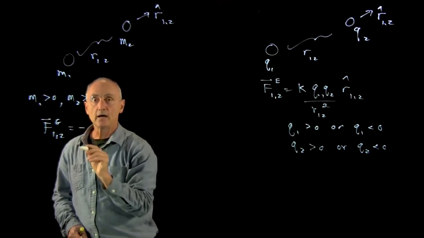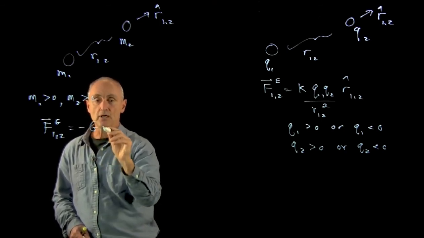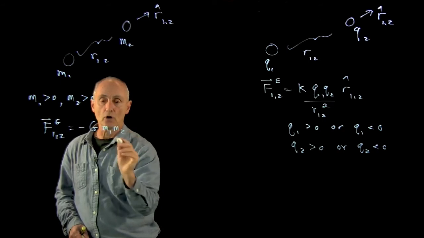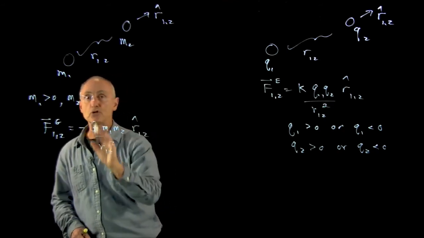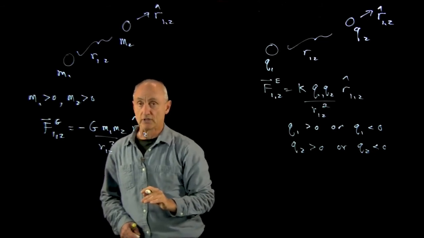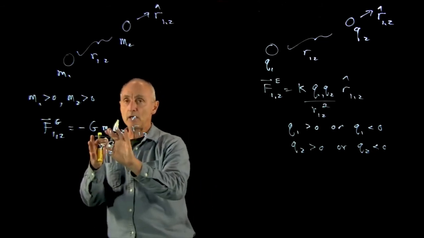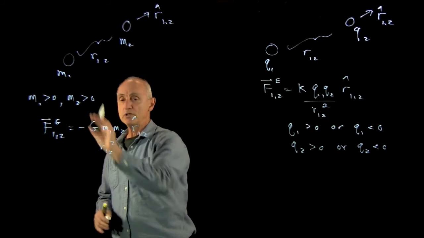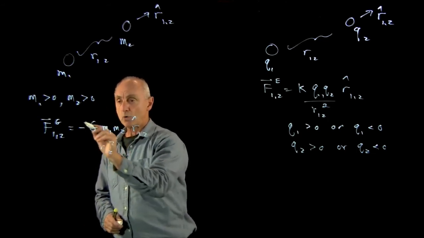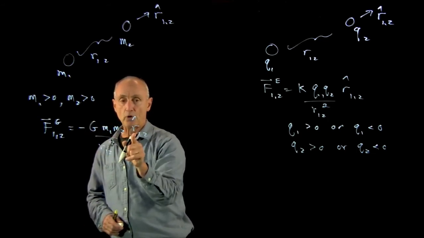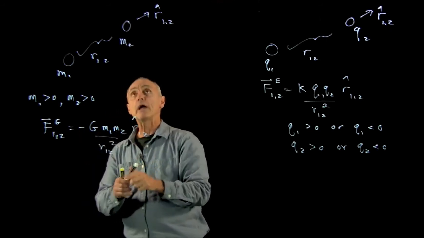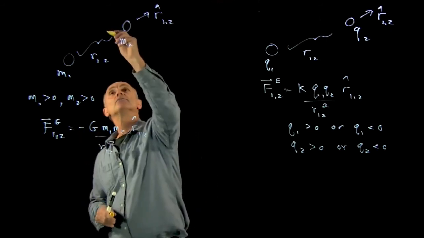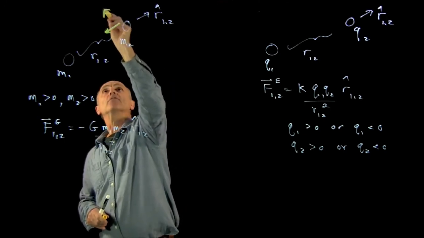Now we need a minus sign: minus G m1 m2 over r1,2 squared, times r hat 1,2. And remember, G is the universal gravitational constant. Now notice, because m1 and m2 are always positive, this quantity in front of the r hat 1,2 is always negative, and therefore the direction of the force is attractive.